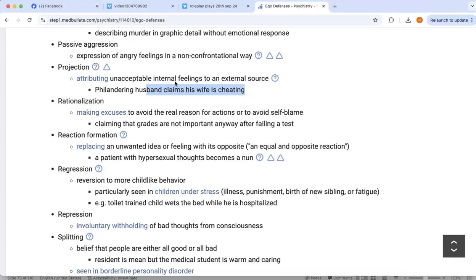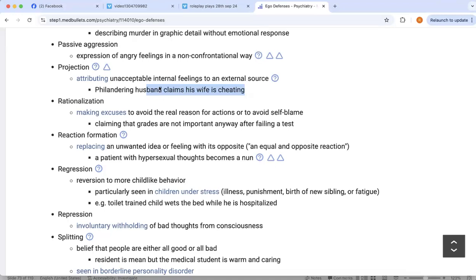Whereas projection is some kind of blame, where you are actually the one who is wrong. You have done something really bad and in your subconscious mind you can't accept it, but you're still doing it. So your subconscious mind is projecting that unacceptable feeling onto the person you are actually wronging.